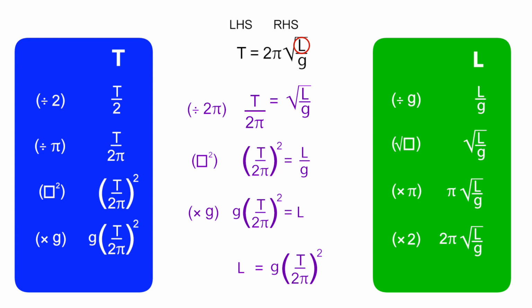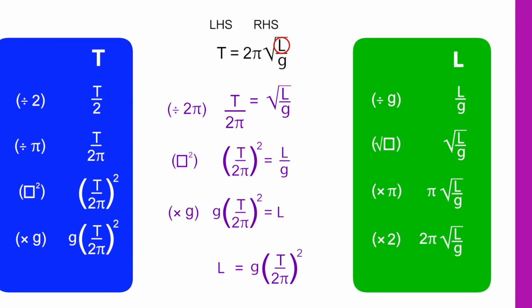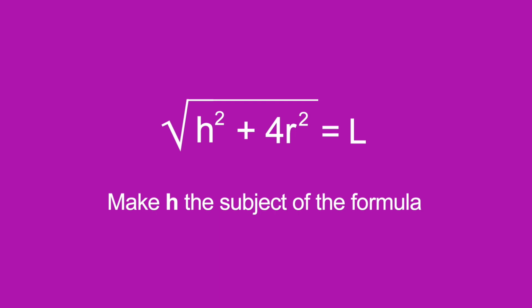Let's use this same approach with one more example. The square root of h squared add 4r squared is equal to L. Make h the subject. Notice this time that our subject, which is going to be h, is on the left-hand side of the equation.